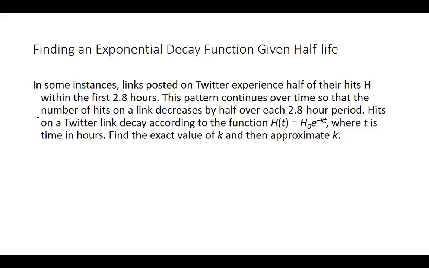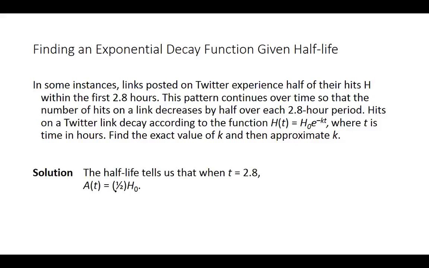Hits on a Twitter link decay according to the function H(t) equal to H initial times e to the power minus kt, where t is the time in hours. Find the exact value of k and then approximate k. So that's all we really look for; the formula is given to me in this case.